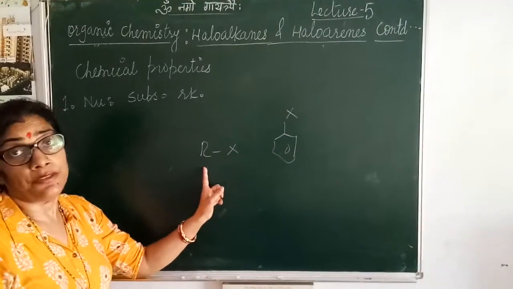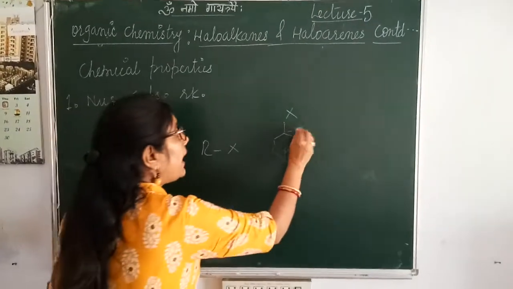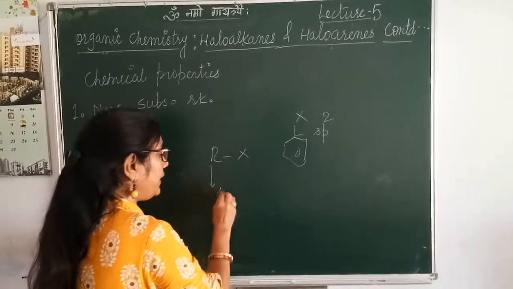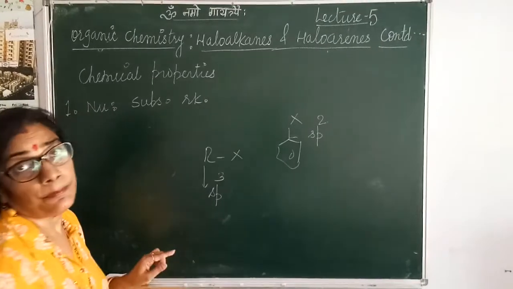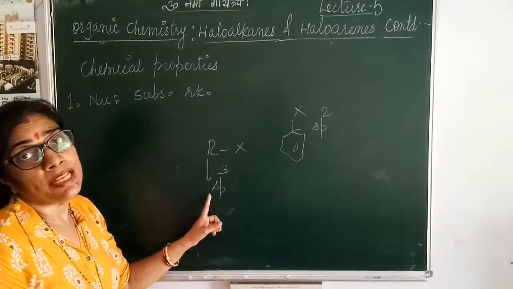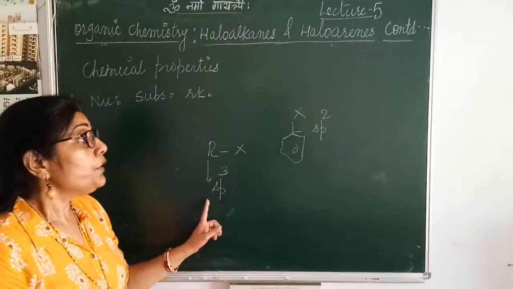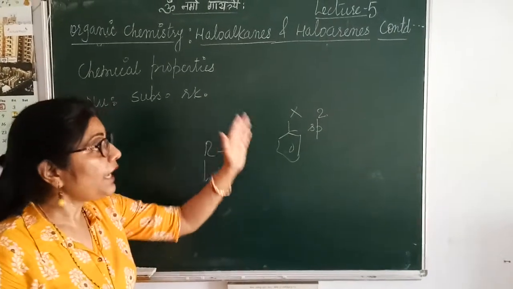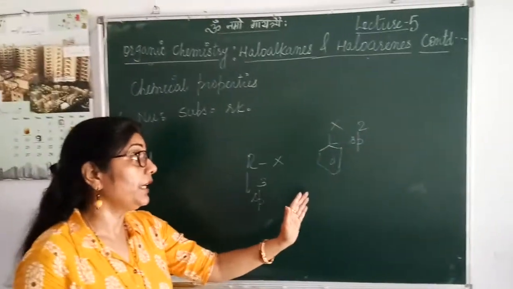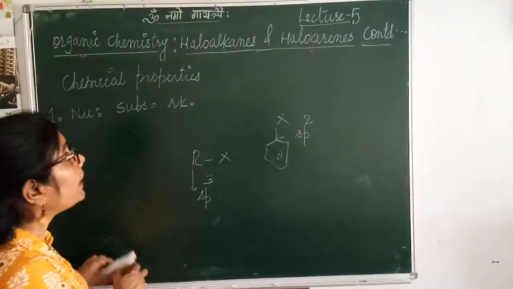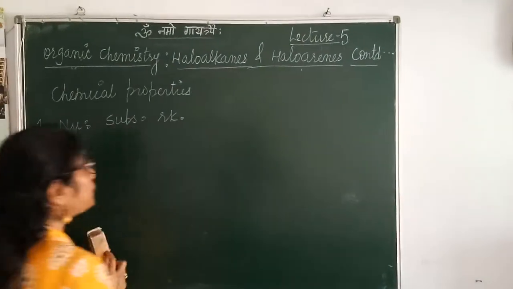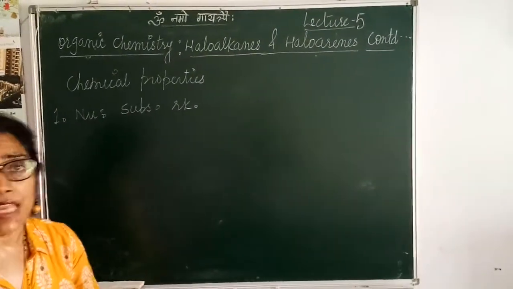Here no resonance. Secondly, here the hybridization is sp2. Here the hybridization is sp3. So they have greater s character as compared to sp3 hybridization. Most importantly, they are resonance stabilized due to partial double bond character. Haloarenes as compared to alkyl halides are less reactive towards nucleophilic substitution reactions.